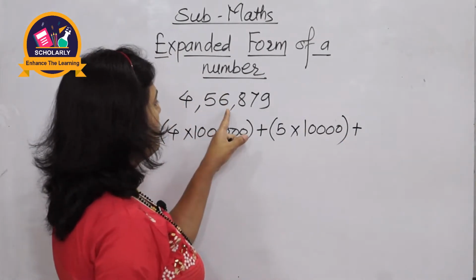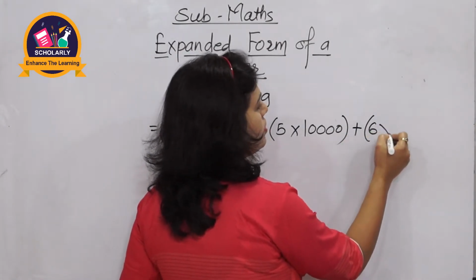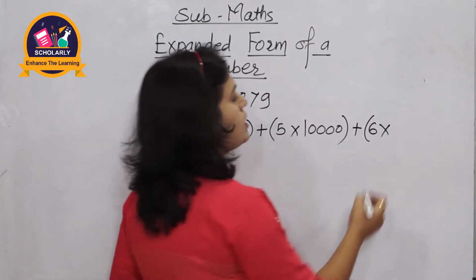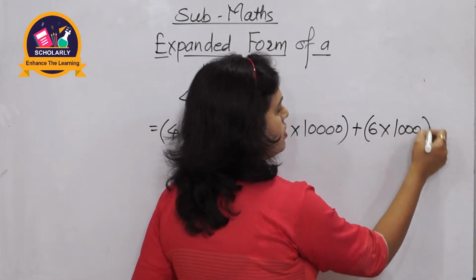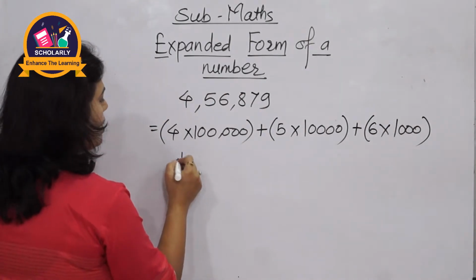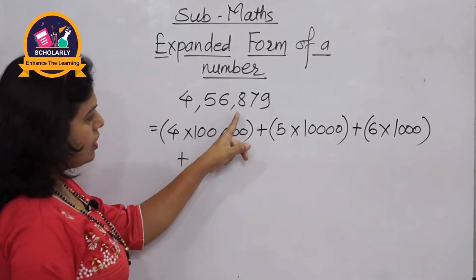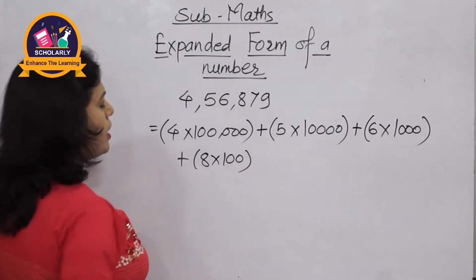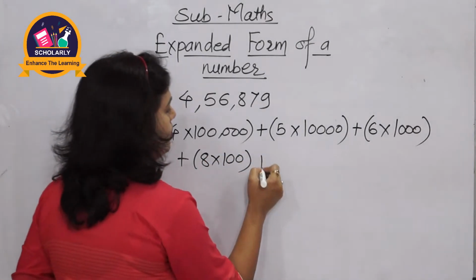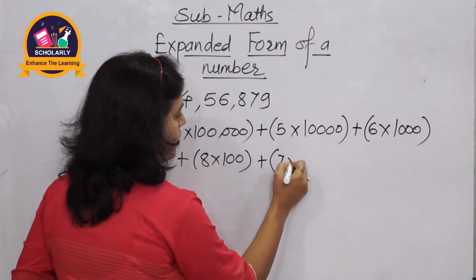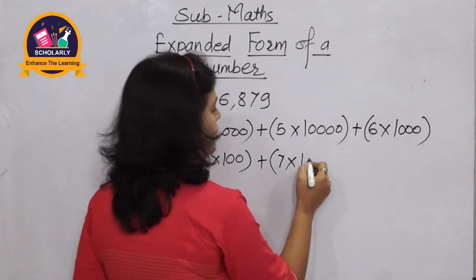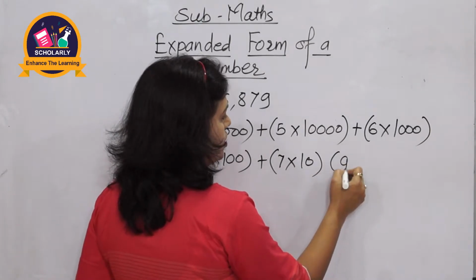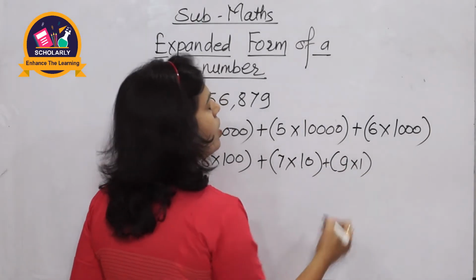Again plus. The next digit is 6, and the place is 1,000. 6 into 1,000. Write here plus. Again, the digit is 8, which is at the 100 place. 8 into 100 plus. The next digit is 7, so 7 into 10, and the last digit is 9, that is at the unit place.